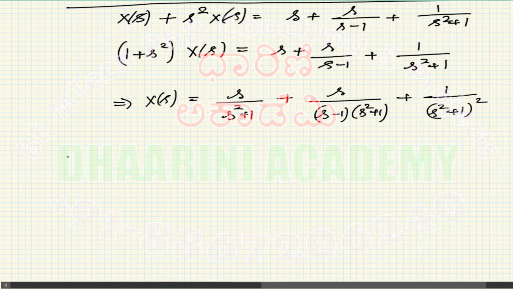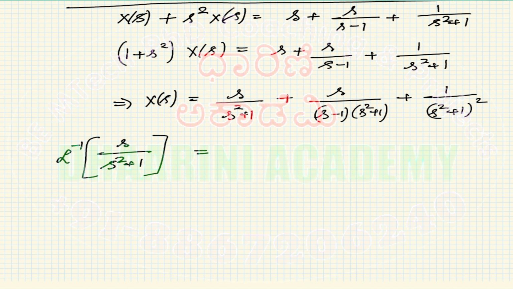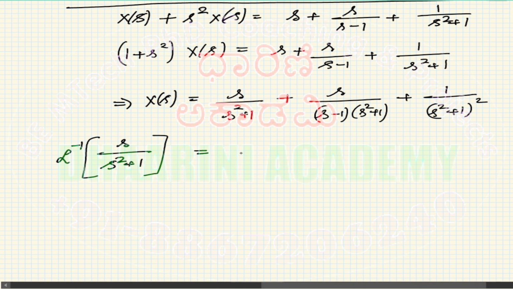Let's write L inverse of the first term, s by s square plus 1, which is straightforward, correct? S by s square plus 1 square. This is cos t. This is done. All right, so we'll hold on to this.